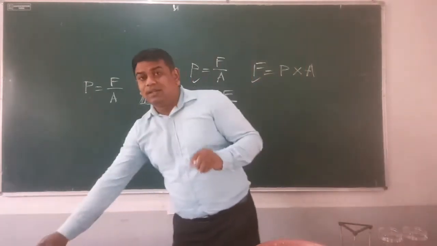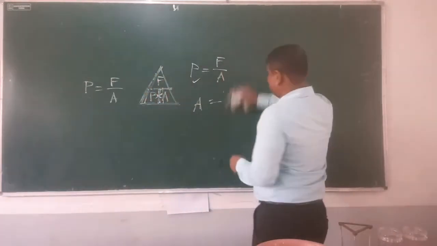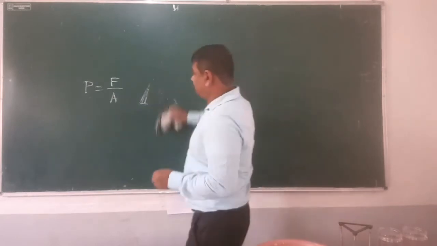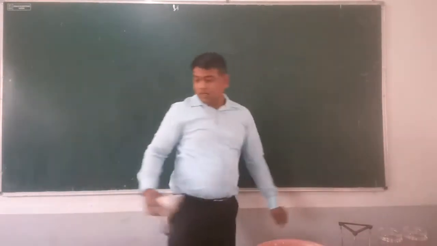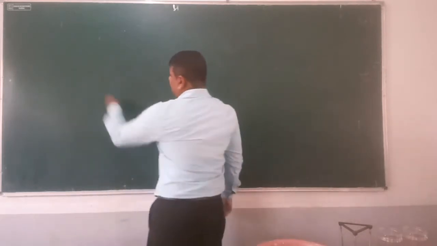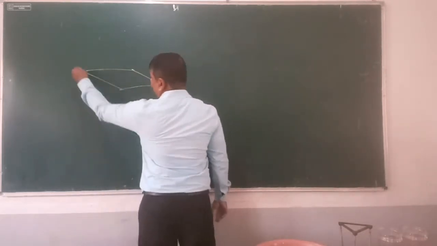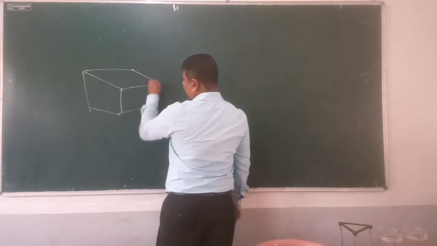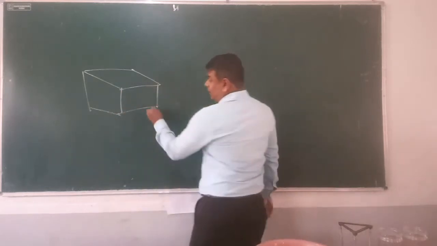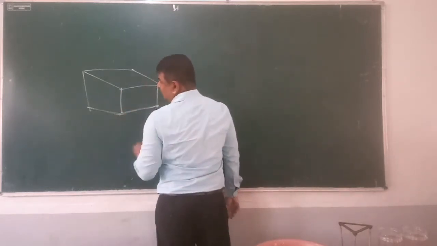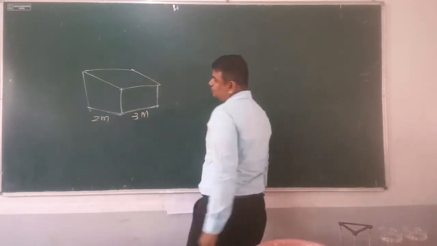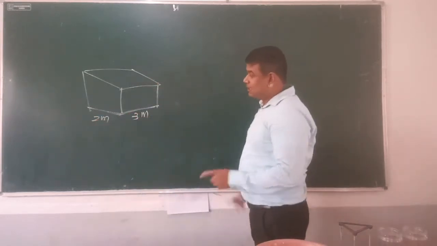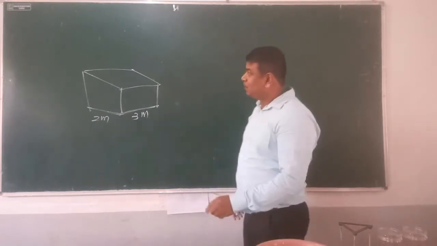Right. Let's take an example here. If there is a cuboid like this, with dimensions 2 meters this side and 3 meters this side, it is important to find the area.